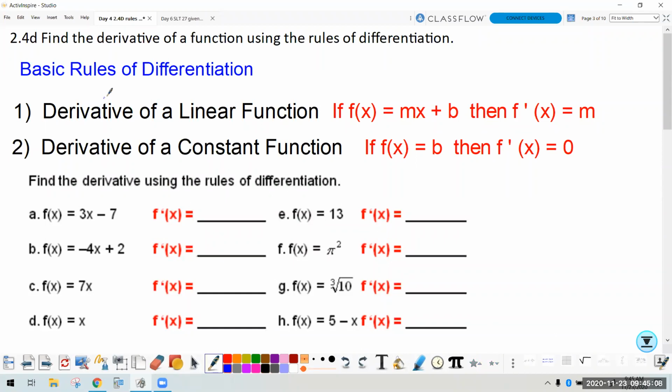So the first two rules are if you have a linear function and a constant function. If you have a linear function, then the derivative is the slope. Everywhere, the derivative function will be your slope value. If you have a constant function, just a number, then the derivative is 0 because there is no slope.